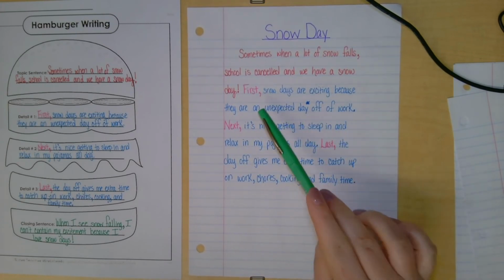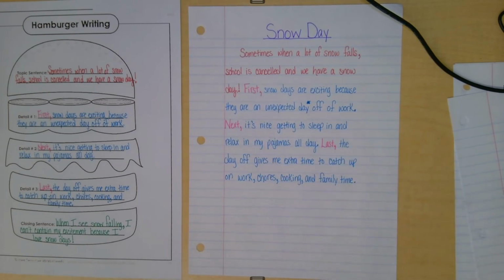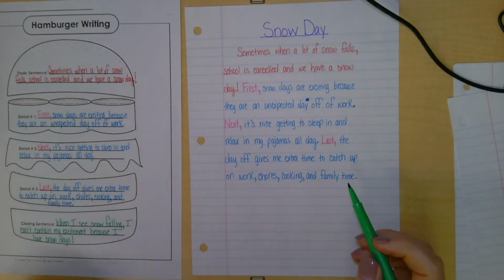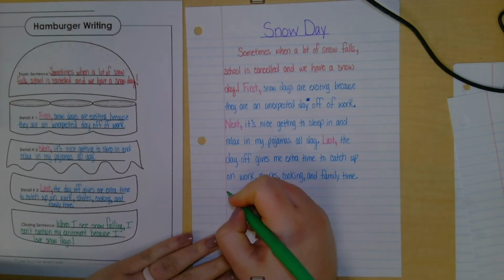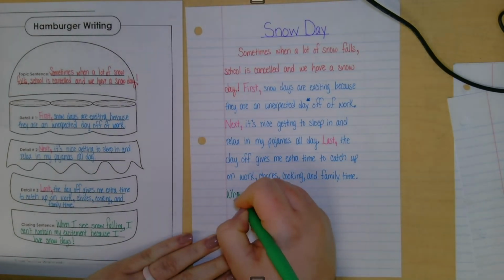See how it's easy to find them because I wrote my transition words in different colors. And now I'm going to write my closing sentence, which I have to start on a new line because you can see my last sentence went all the way to the margin. That's the only time I'm going to start on a new line.